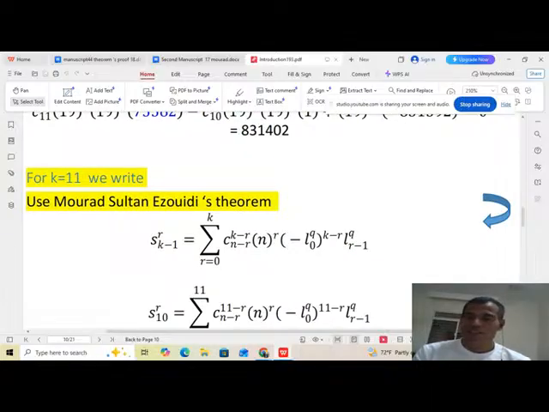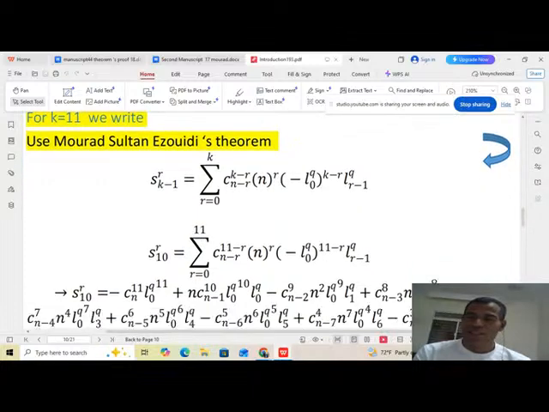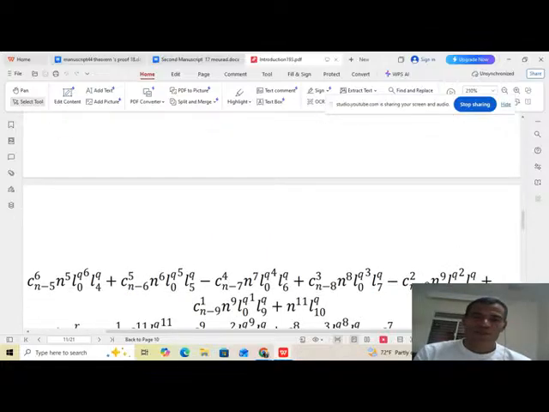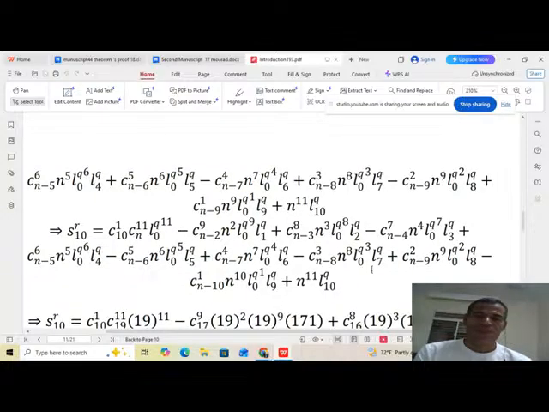After expanding this theorem and writing it in its simplest form, we obtain S10 as that. This is S10. All of this, but there is something down, because it's long, so all of this is here. This is S10, my colleagues and my students.